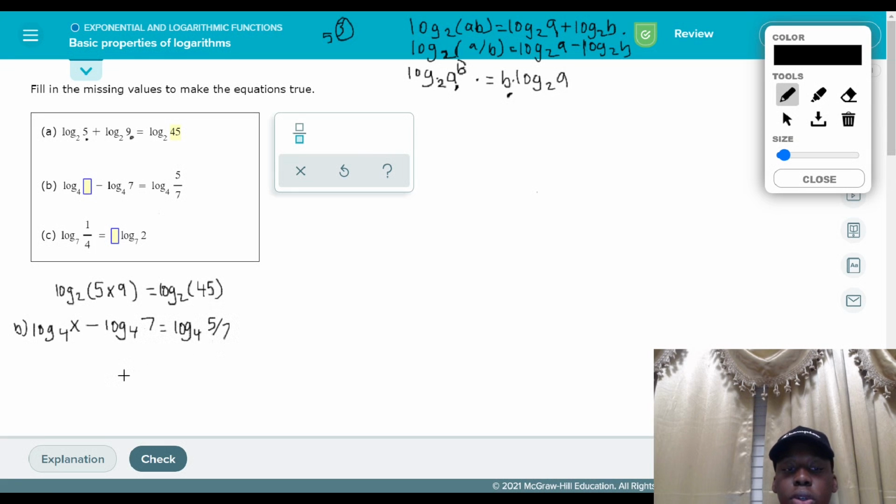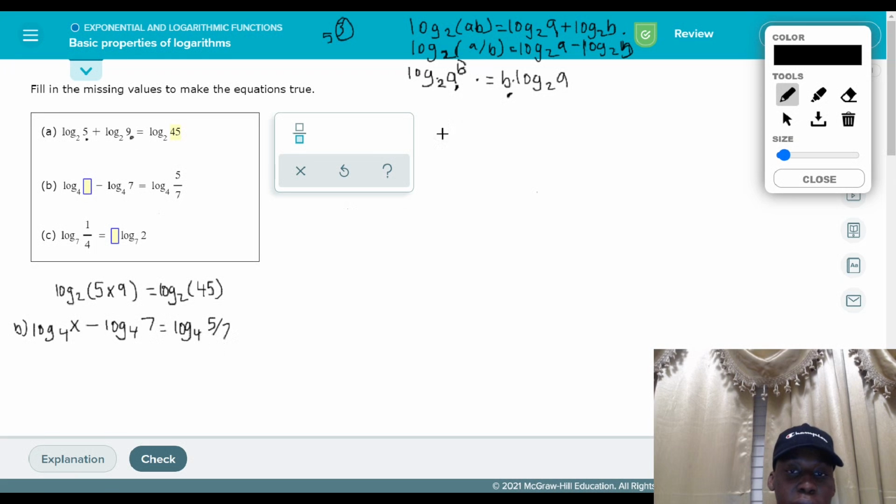If you take a look at the second property, it has to do with a minus. When we're dealing with minus, after we've identified the a and the b, we can then divide on this side of the equation.